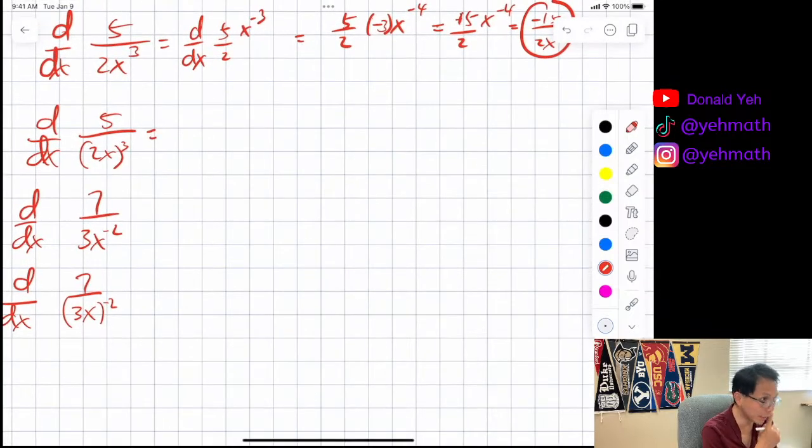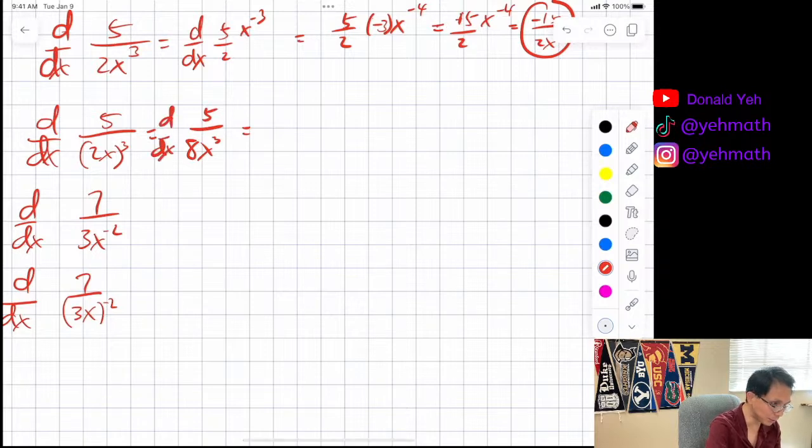How do I take a derivative of this? But before I take a derivative, what do I have to do? 5 over 8x cubed. It's not 2x cubed, because that 3 is affecting the 2, and that's very important for you to understand. I haven't taken a derivative yet, so I'm going to write down d/dx. If I go ahead and take a derivative here, I'm not going to be able to, so I need to do one more thing.